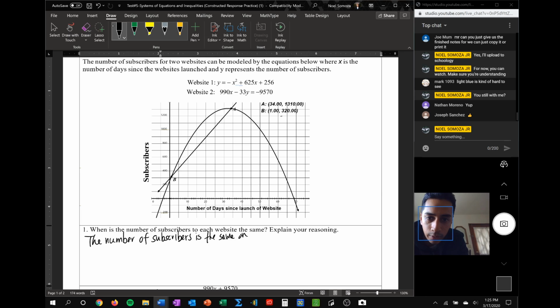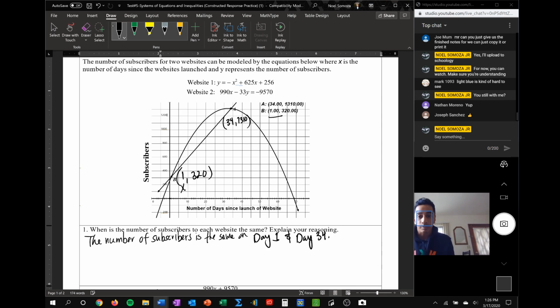If you look at point B, this point right here represents 1, 320. If x represents the number of days, then the number of subscribers is the same on day 1. And over here at point A, that's 34, 1310. So on day 1 and day 34, that's when the 2 intersections take place. That's when they're the same.